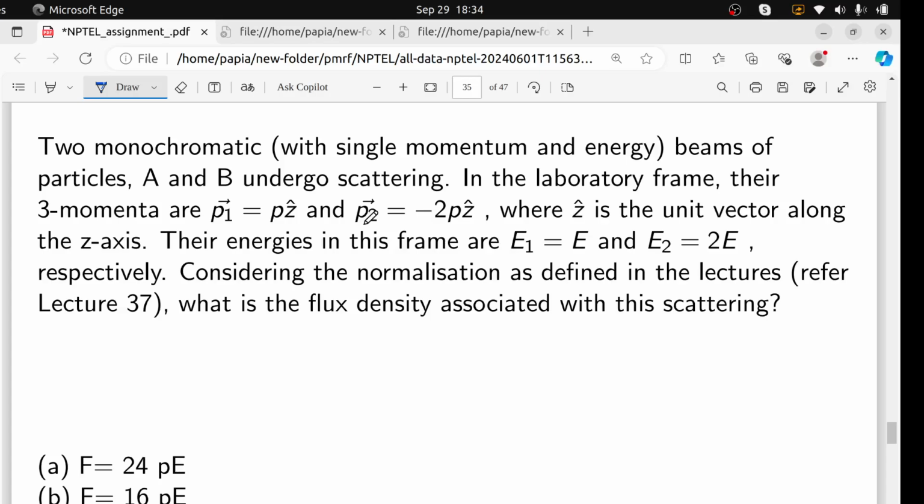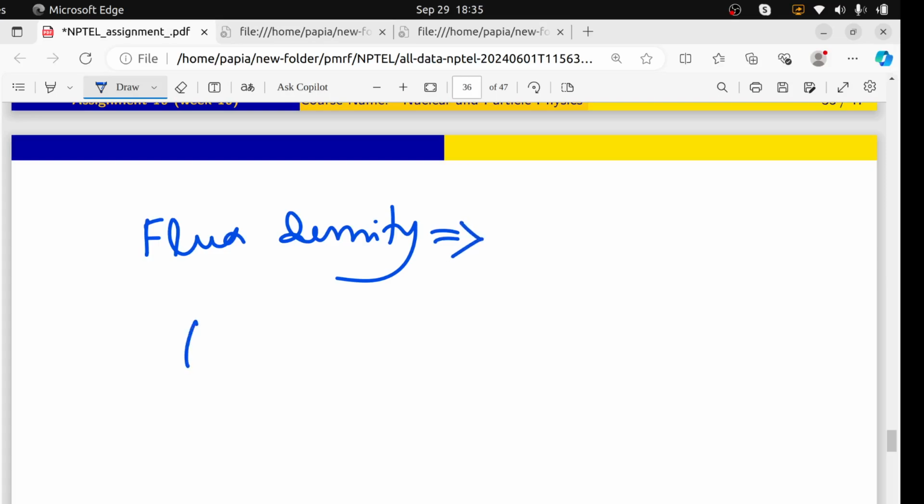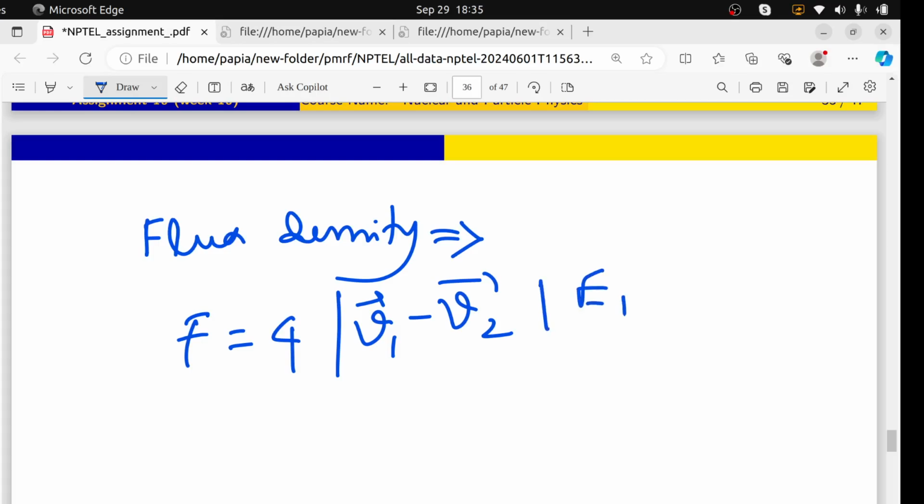So the flux density, if I write the F expression, F is like 4 times V1 minus V2, then E1, E2.